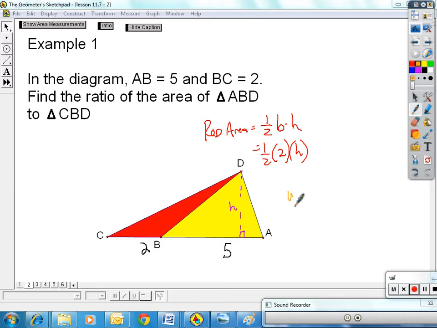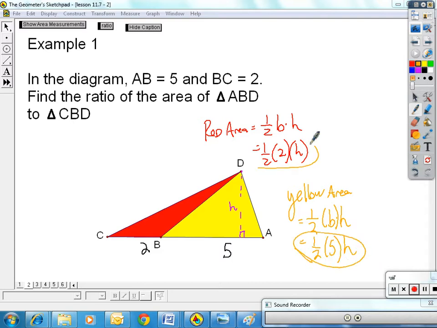Yellow area is also a triangle. 1/2 base times height. Its base is 5. And we don't know its height, but the heights are the same. So we don't always have to know exactly what the area is to solve these problems. And you can imagine on your homework, you're going to have some of that.